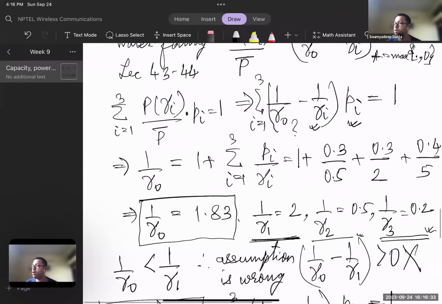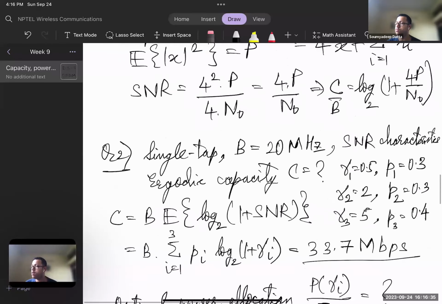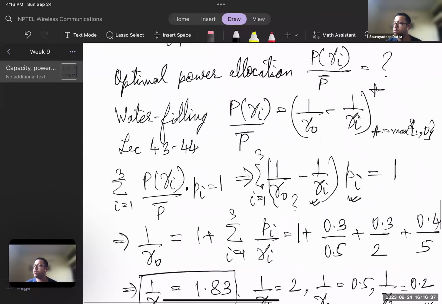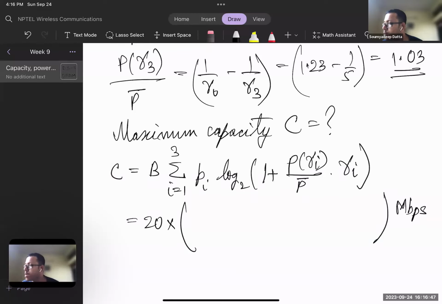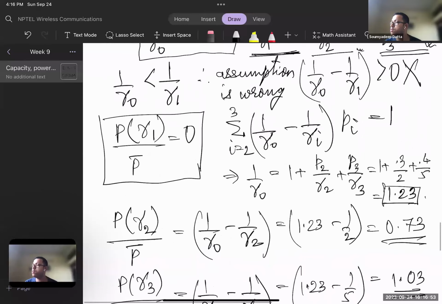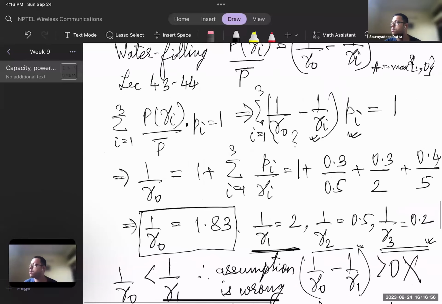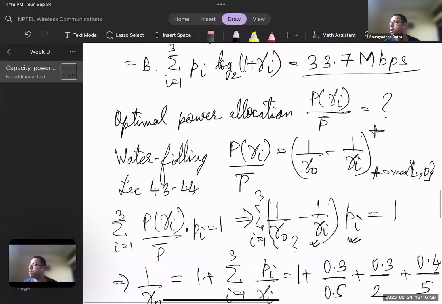For the other two terms, you are told that it's a 20 megahertz channel, so we have the value of B. If you substitute this 20, the answer will come in Mbps because it's megahertz. So you will have Pi, the second state probability was 0.3, times the allocation for the second channel.